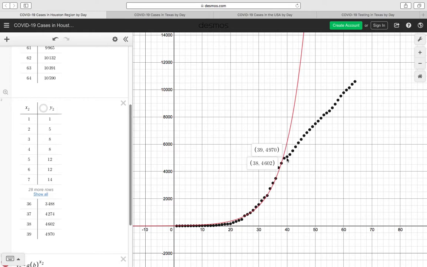And then it looks like it heads off in a different direction. Now, what I want you to see is that there's a change that happened here. What do you think happened around this time that would have made the number of infections that actually happened be different than the number of infections that were predicted to occur by this red graph?